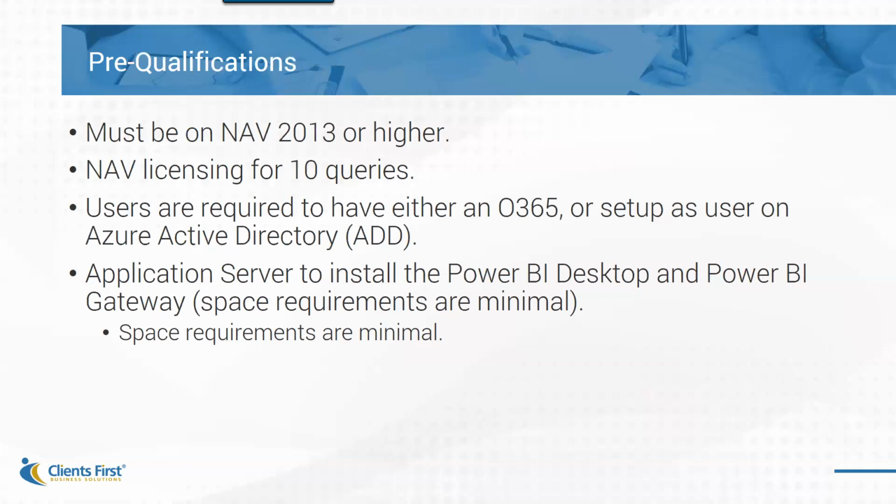Users are required to have either an O365 account or set up as a user on Azure Active Directory. And as I mentioned before, we would need a server to install the Power BI desktop and Power BI gateway. Note that the space requirements are very minimal for these two software installations.